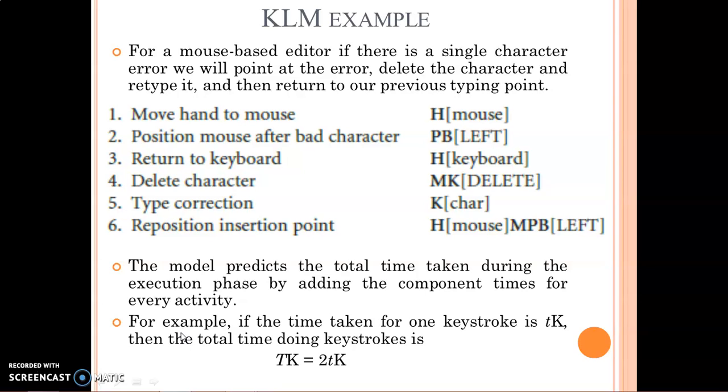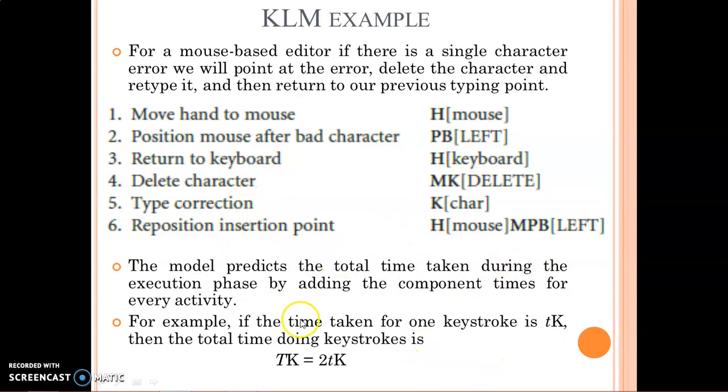There are complicated heuristics for deciding where to put the M operators, but they all boil down to the level of chunking. For example, if the user types a word or a well-known command name, this will be one chunk and hence require only one mental operator. The physical operator times all depend on the skills of the user.